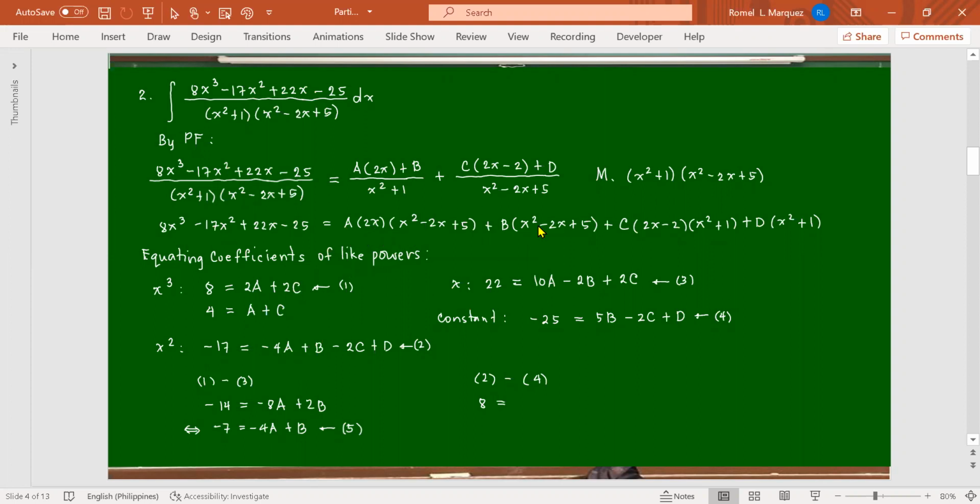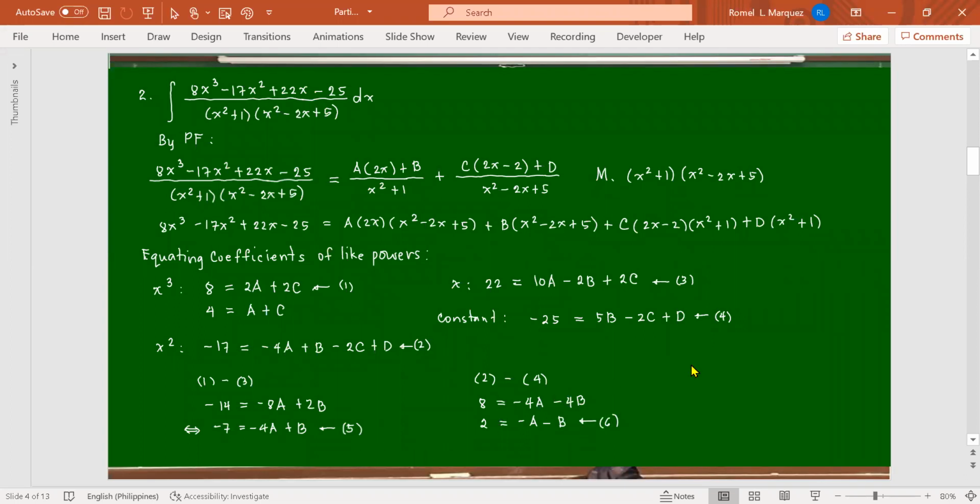So we have negative 4a plus b minus 2c and then plus d. Okay. So again, this is negative 4a minus 0, that is negative 4a. B minus 5b is negative 4b. D minus d is 0. Simplifying, we have 2 equals negative a minus b after dividing by 4. So this is our equation number 6.